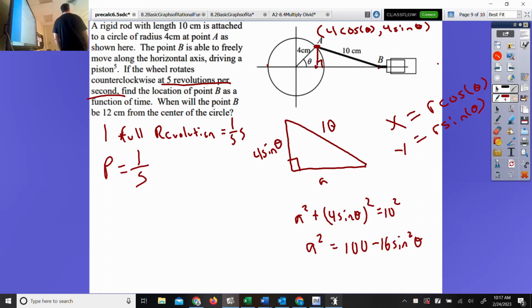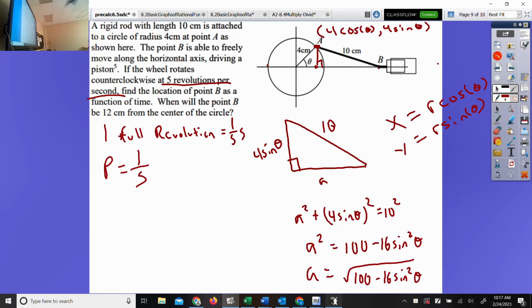Anything you can really do with that? Not really. You could pull a 4 out and simplify the radical, but there's no need to. A is the root of 100 minus 16 sine squared theta. You could say it was 2 root 25 minus 4 sine squared theta, but there's no need to talk about that.